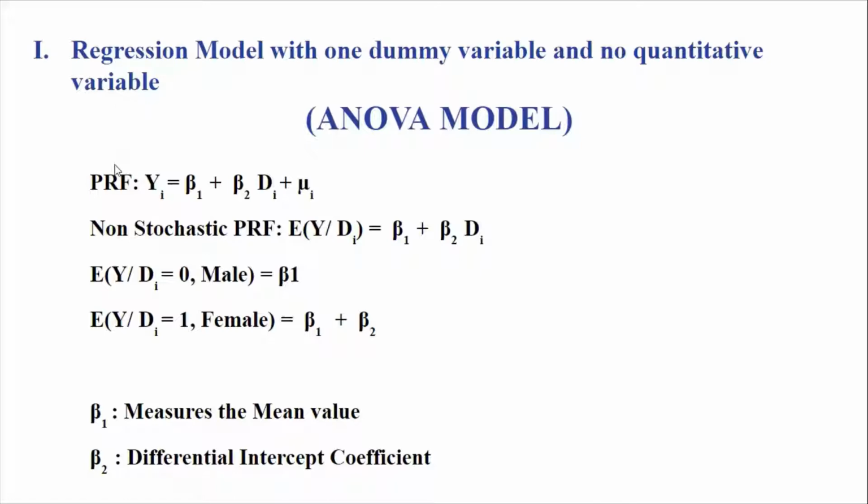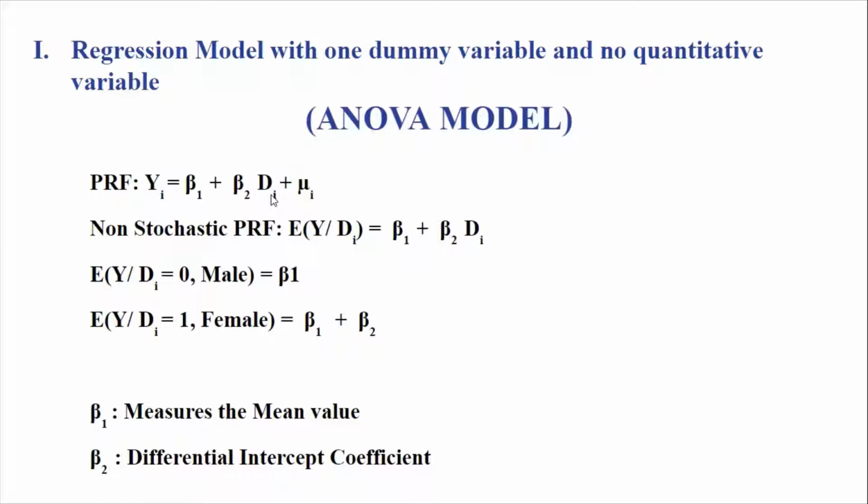Suppose we are dealing with the population regression function which can be written as yi is equal to beta 1 plus beta 2 di plus ui, where yi is the dependent variable, betas are the regression coefficients, ui is the random error term, and di here is the dummy variable.